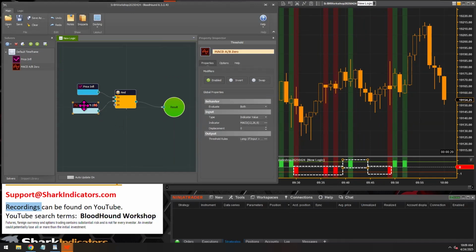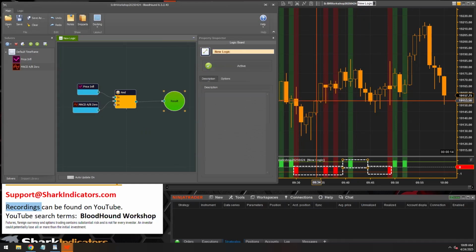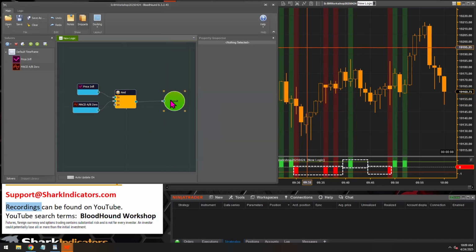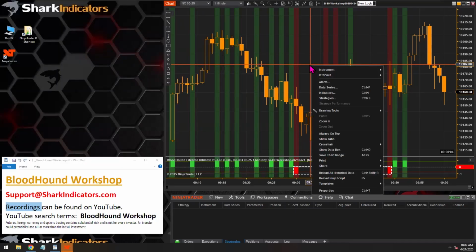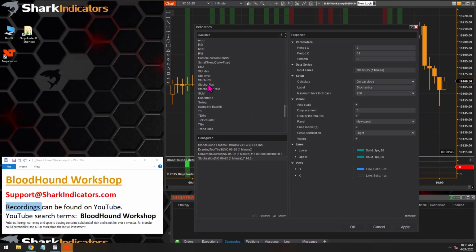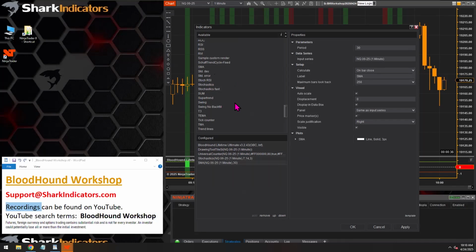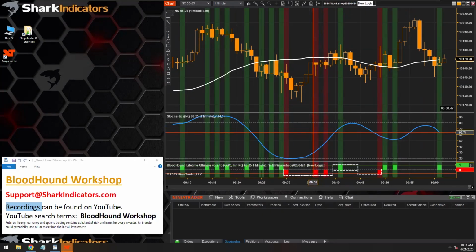So now we can get to the question of how do we filter out signals based on some other condition. Now I have to find something I can work with as an example. How about I'll use the stochastics and a moving average. All right, I think this will work.